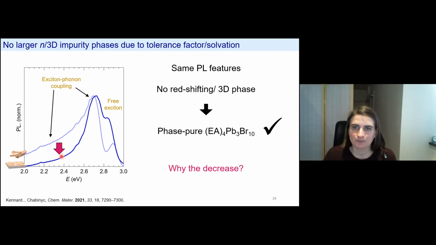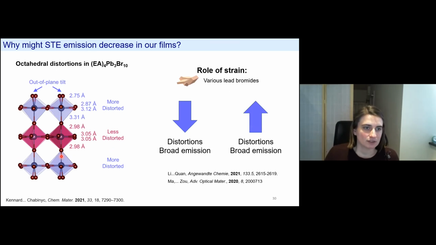So why is that? Now I will explain the color scheme that I've been using for this perovskite. The outer octahedra of the trilayer are really distorted. The bond length changes hugely, right, from 2.75 angstroms to 3.31 angstroms. And when you have this type of octahedral distortion, that's what's correlated with the broad emission.